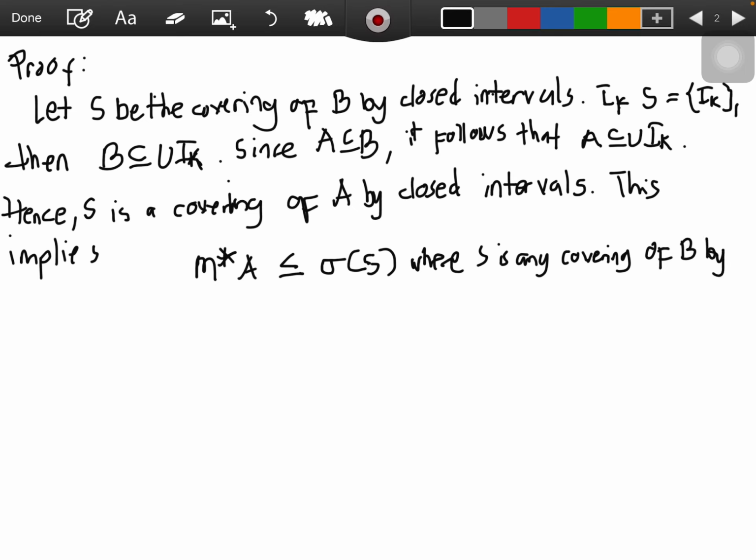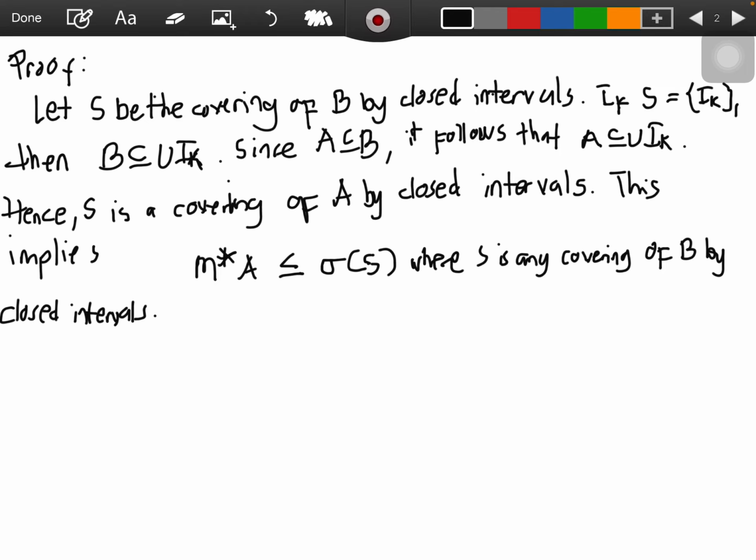by close intervals. Okay, so if S is any covering of B, that means, if the outer measure of A is less than or equal to that sigma of S, where S is any covering of B, so damay dito yung infimum ni sigma of S. Okay?